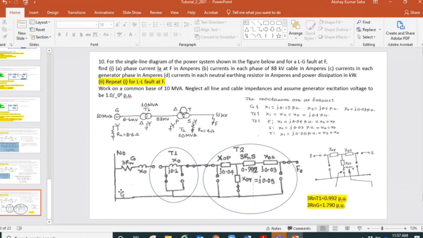Sorry, sir, can you just explain how you got the 0.992? What is the way you convert an ohmic value to per unit? If you have some ohms, 2 ohm, how do you convert that 2 ohm to per unit? What is the formula for that?